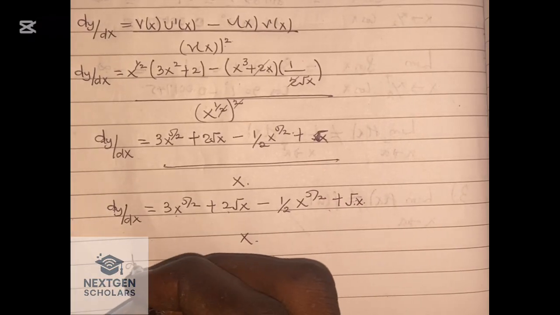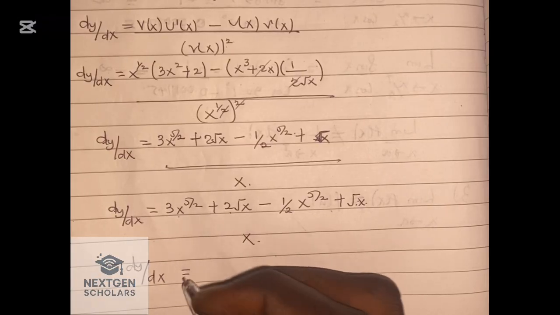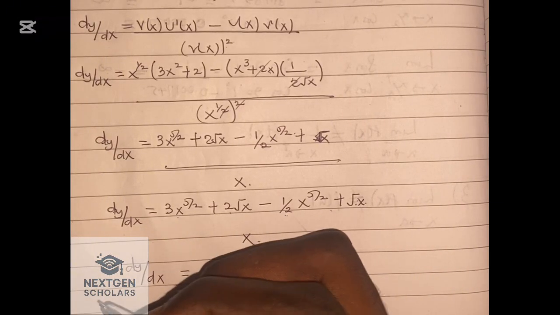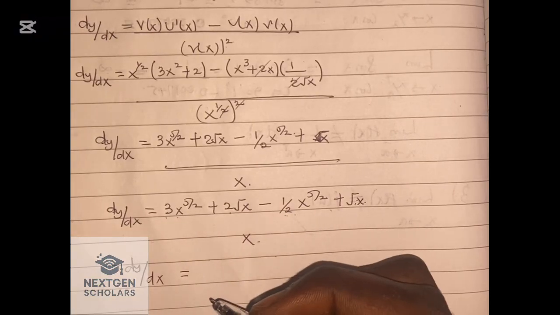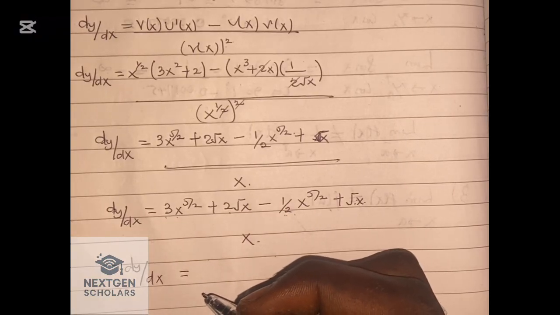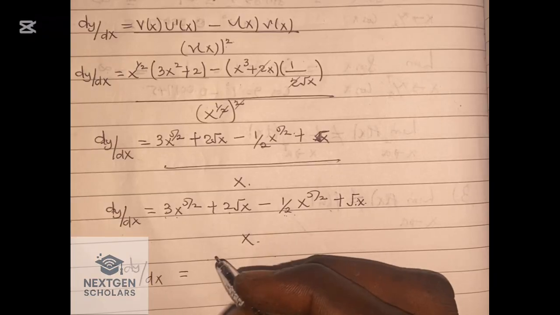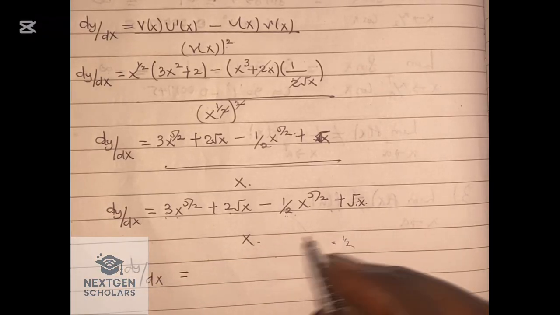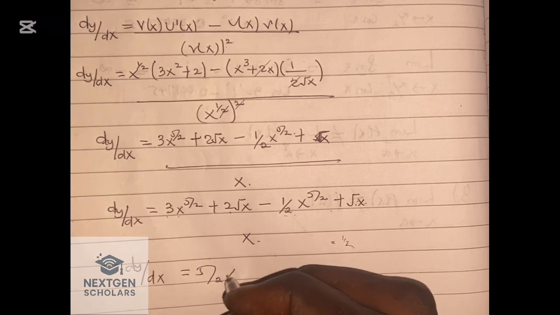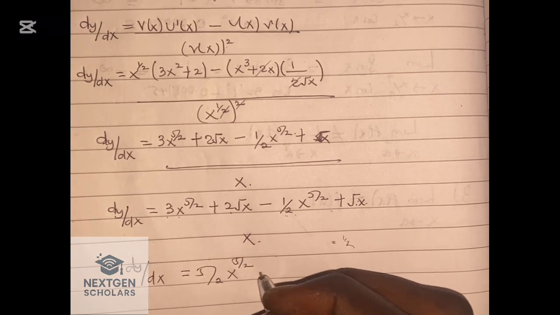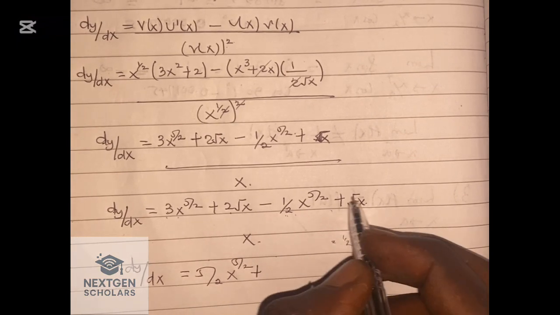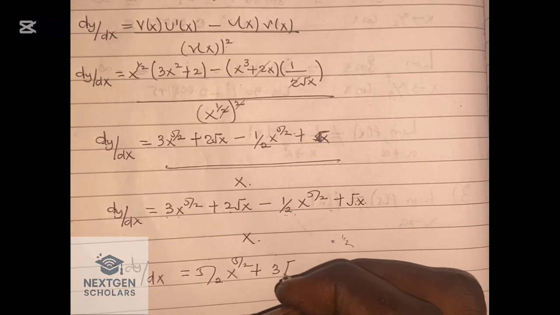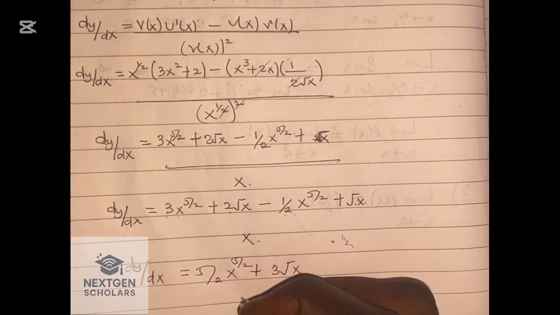So dy/dx will be equal to: 3 minus half is 2.5, that is 5 over 2 x to the power of 5 over 2, plus this minus this. You are adding, that is 3 roots of x all over x.